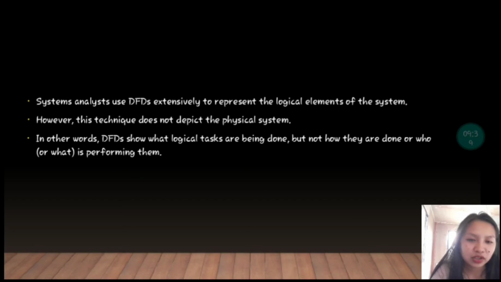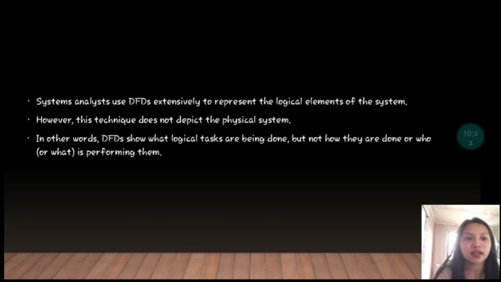So based on the last example that I've given, the DFD doesn't show whether the sales approval process is separated physically from the billing process in compliance with the internal control objective. Because in the DFD, it shows different levels of detail from very general to highly detailed, but not specifically the job.